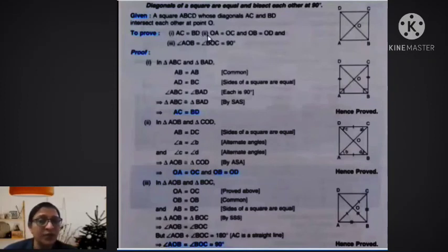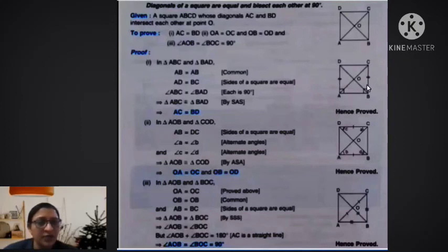Side AC is equal to BD, we have to prove first, then side OA is equal to OC and OB is equal to OD, we have to prove secondly, and thirdly we will prove angle AOB is equal to angle BOC, that is 90 degree. So let's take first case. Due to the diagonals, the pair of triangles form, ABC and BAD, where side AB is common.